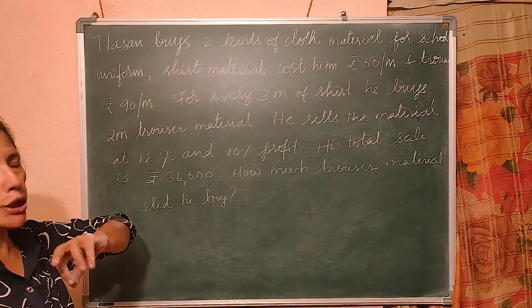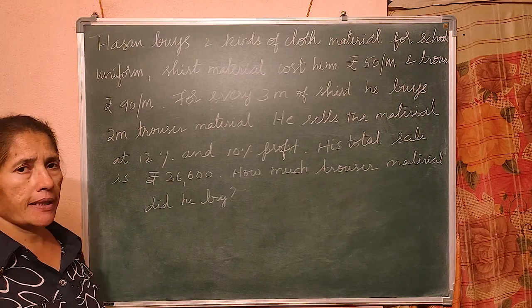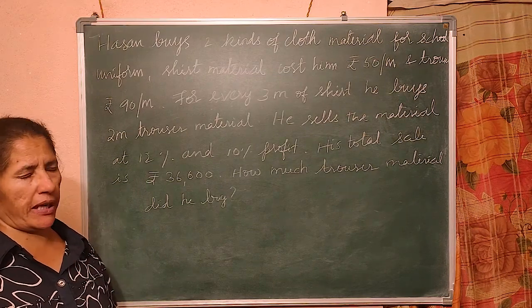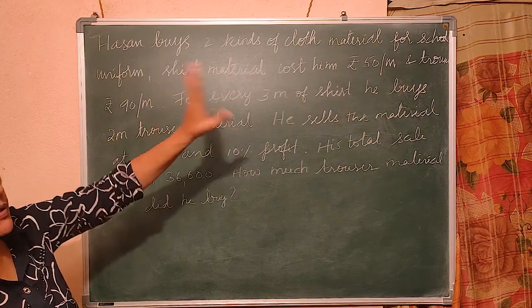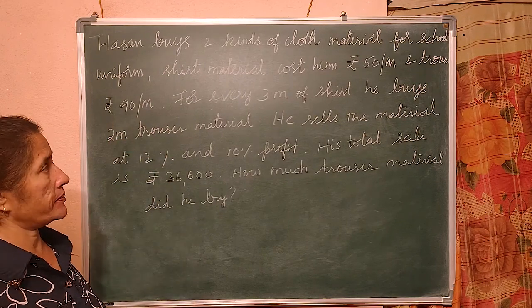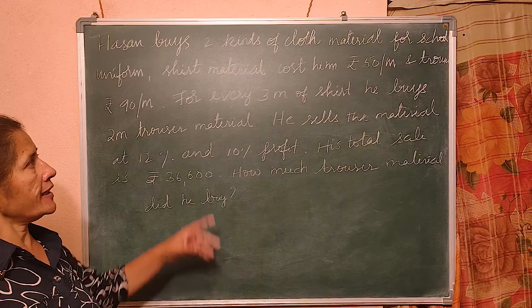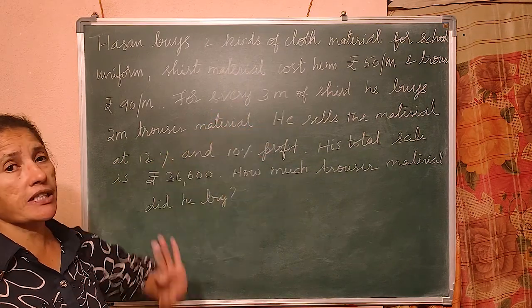Hassan buys 2 kinds of cloth material for school uniform: shirt material and trouser material. For shirt material he pays rupees 50 per meter and trouser rupees 90 per meter. And for one set he buys 3 meters for shirt and 2 meters for the trouser.